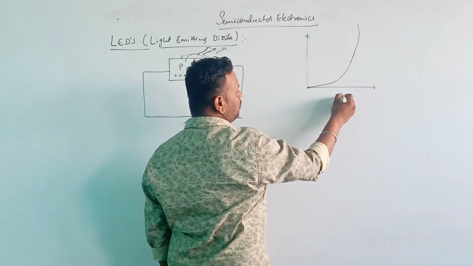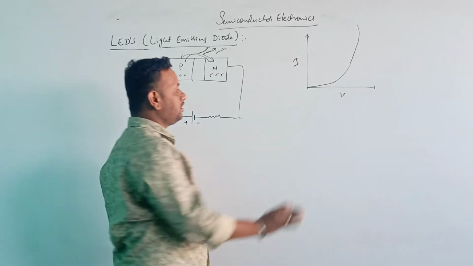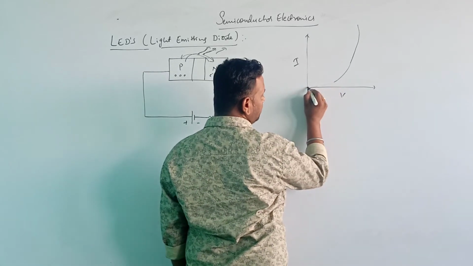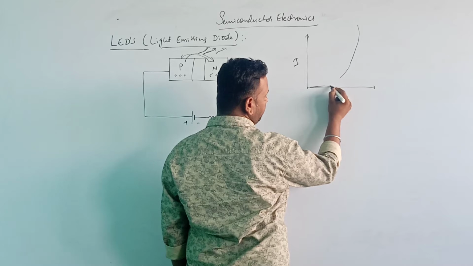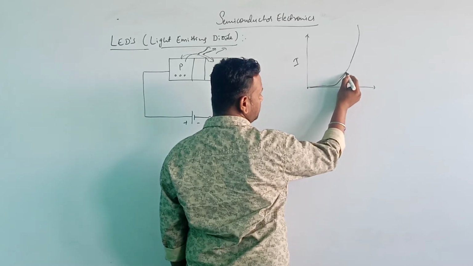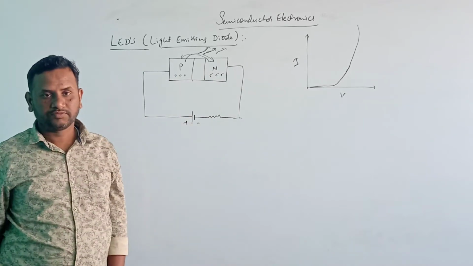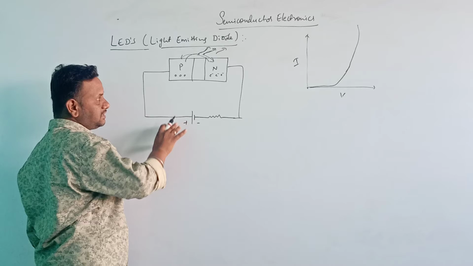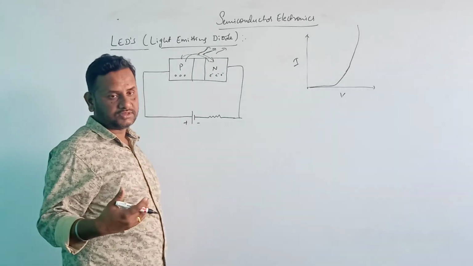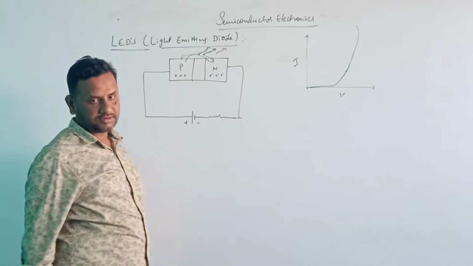As voltage increases, for some time the current is very small. After some voltage, the current goes on increasing. So the same here also, the forward current increases and hence the intensity of the light also increases.